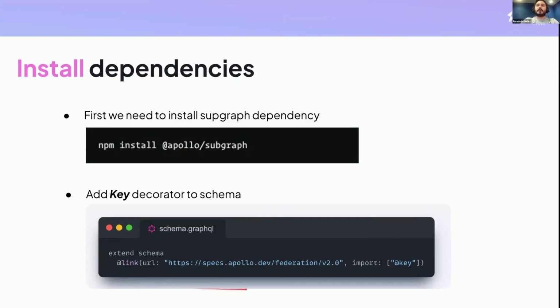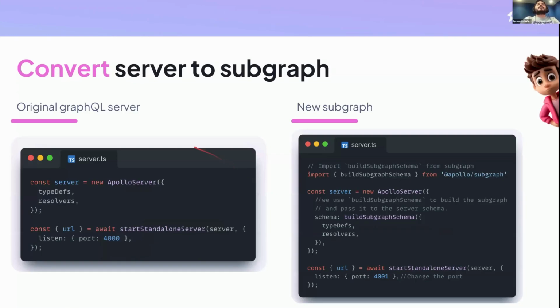But what is important here is that we need to import the key directive at the top of our schema in the monolith.